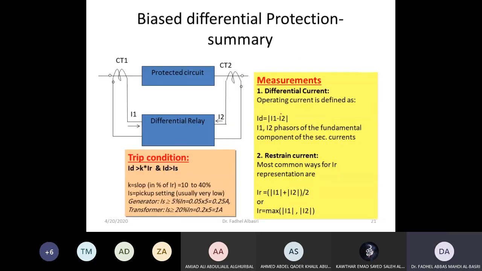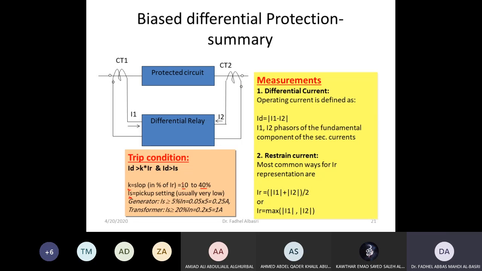Now, how do you choose these two settings, the slope setting and the pickup setting? The slope is normally between 10% to 40%. 10% we normally take when you have a generator differential, and you go for a higher percentage slope when you deal with transformers.